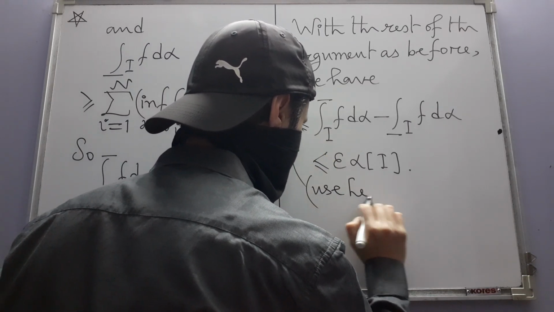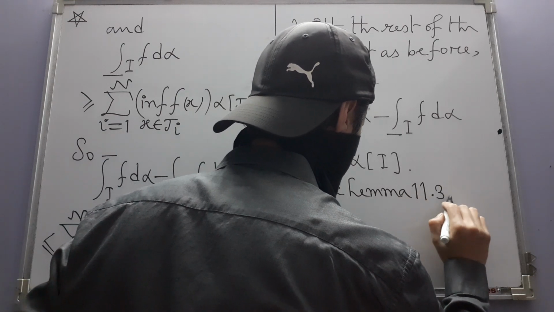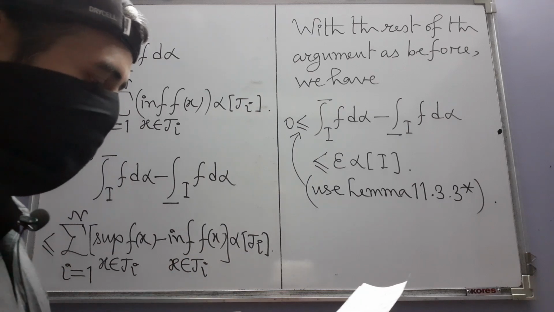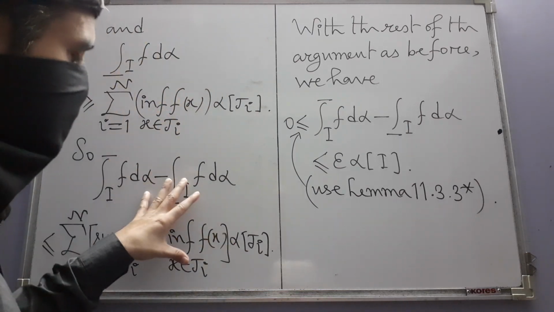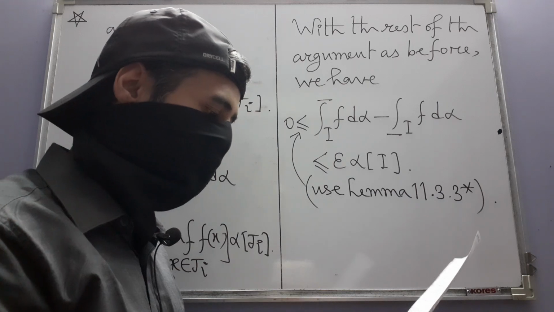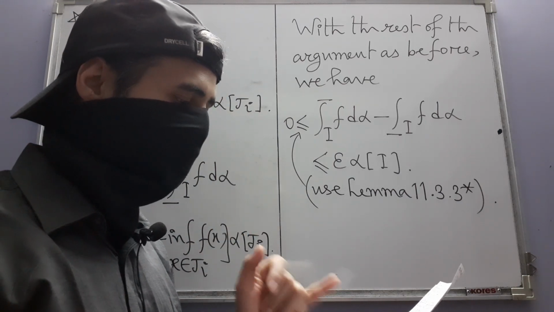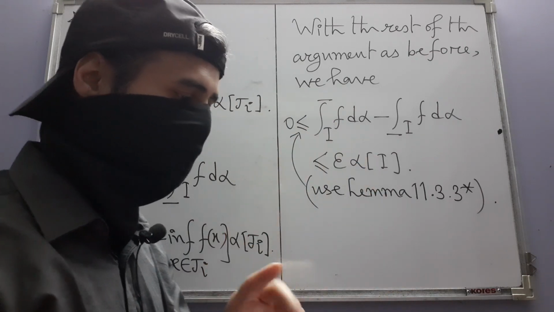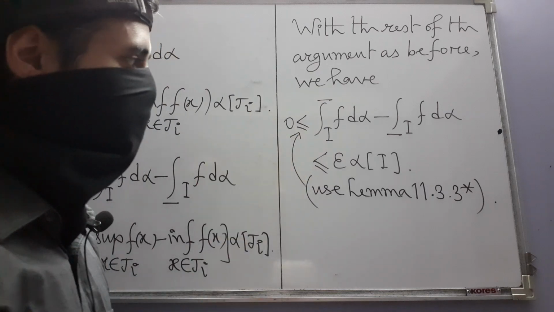Use lemma 11.3.3 star. So we have actually used proposition 11.3.2 because that's how we are getting these things, and in order to prove proposition 11.3.2 star, we need lemma 11 star. So that's why we had that also, and the first star lemma is used here.